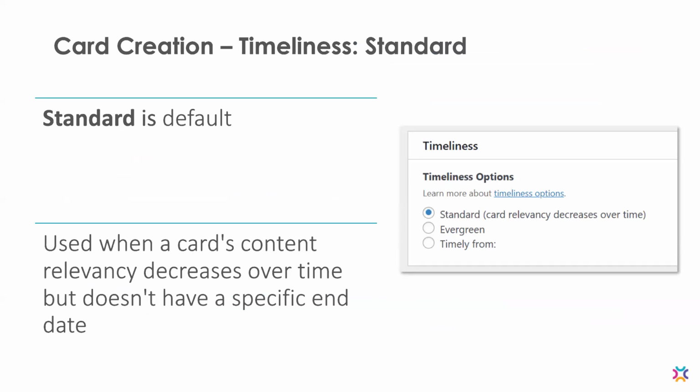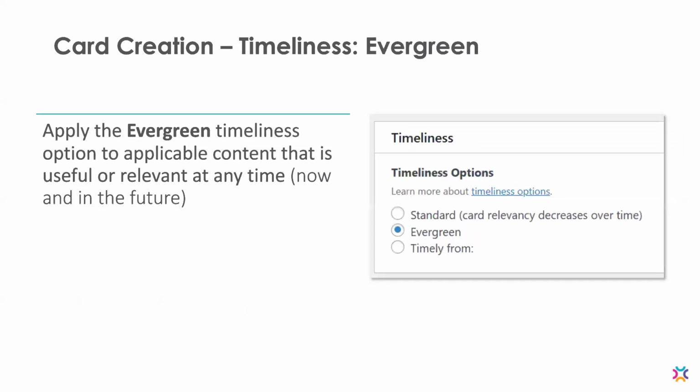In July, your July staff picks card is super relevant. A little less in August, a little less in September, definitely less in October, November, December. But somebody could look at that staff pick list next year and still find it helpful. So it's less relevant over time. That's what standard means.